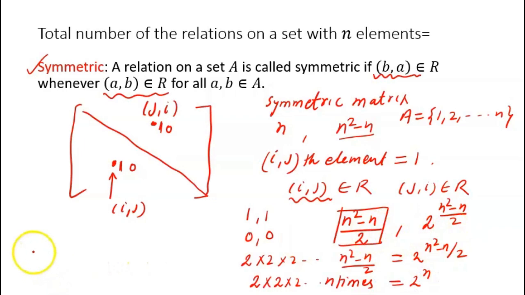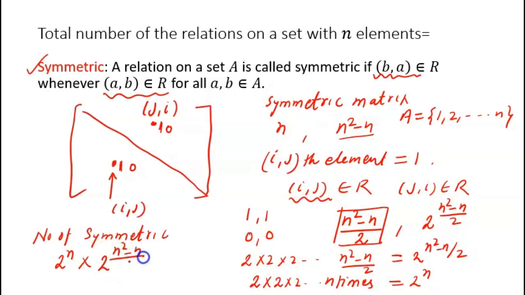So if I have to count the number of symmetric relations, how many symmetric relations will be there? The diagonal elements are filled in 2 to the power n number of ways, and off diagonal elements, those which are not lying along the main diagonal, those n square minus n by 2 pairs of elements are filled in 2 to the power n square minus n by 2 ways.